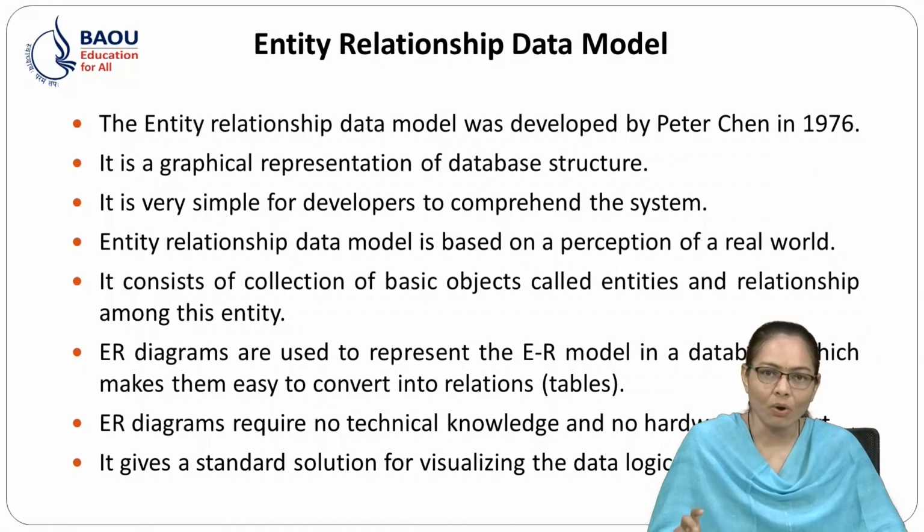In this, all the entities, attributes, and relationships are presented graphically, and we can easily understand graphics. It is very simple for the developer to comprehend the system. For the developer, it is easy to understand the overall system because the ER model is graphically represented and we can easily understand graphics or diagrams rather than text.